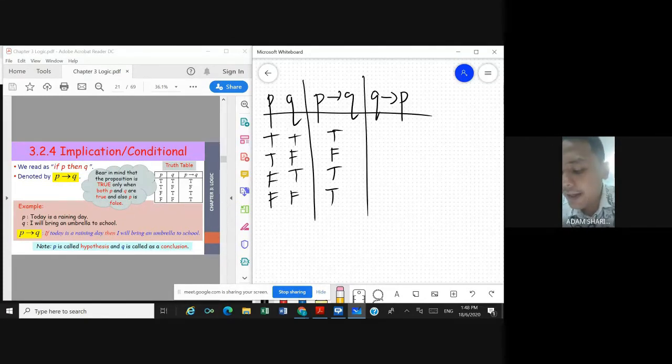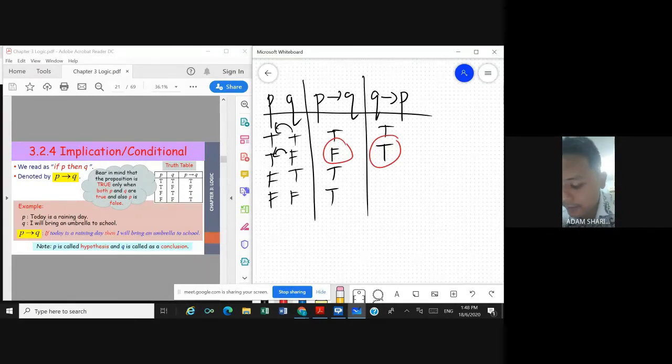T implies T, conclusion on the left, so it will be T. This one, the second row right now, F implies T. If F is at the front, the conclusion is T. So F implies T will be T. Look, it is different right now.